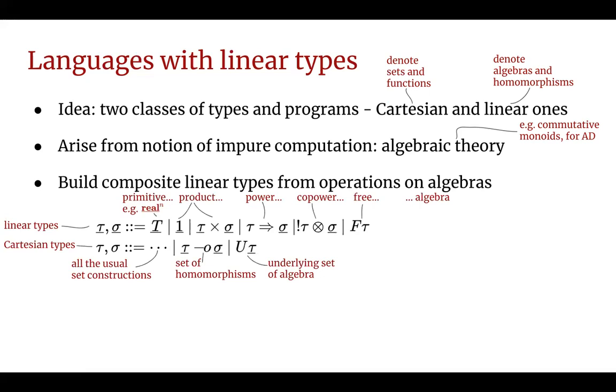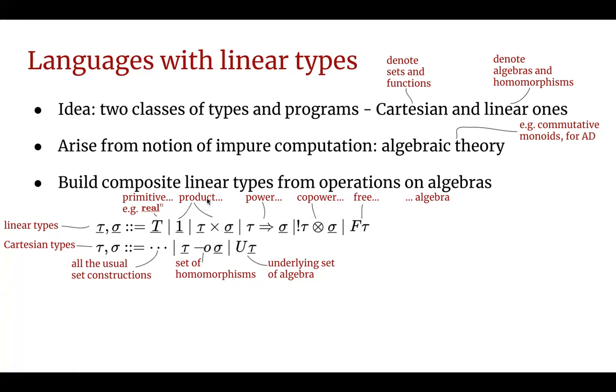So we can build composite linear types from basic linear types in the same way that we could for Cartesian types. So we might have certain primitive built-in linear types, for example, the type of n-dimensional real arrays, which we think of as the type of tangent vectors or cotangent vectors to Rn. We consider that as a built-in type, and then we have composite types.